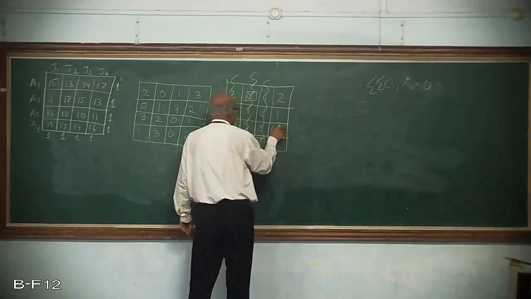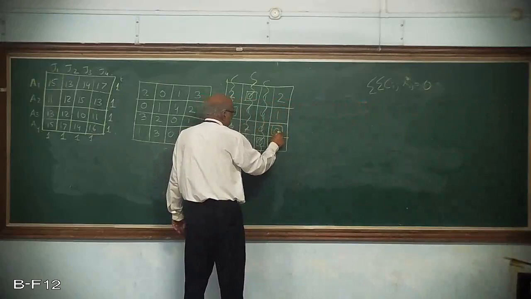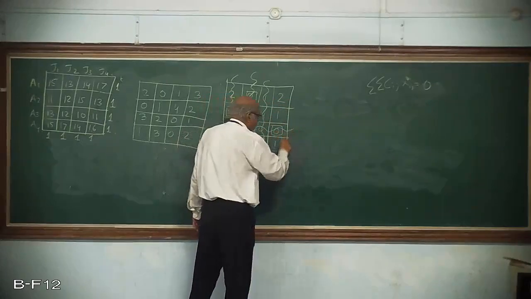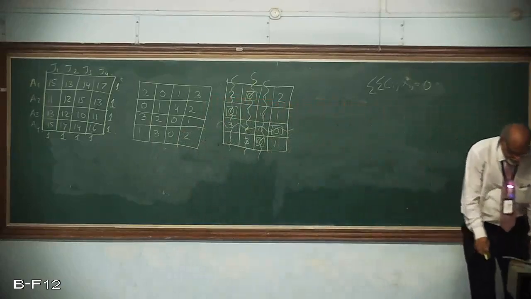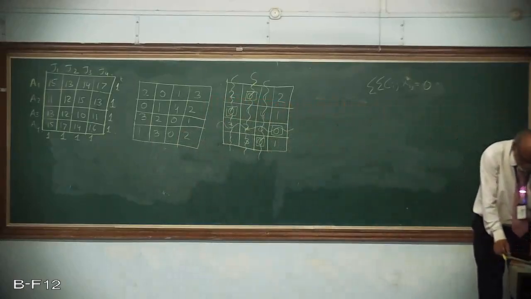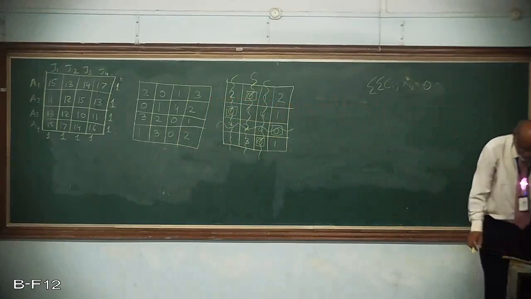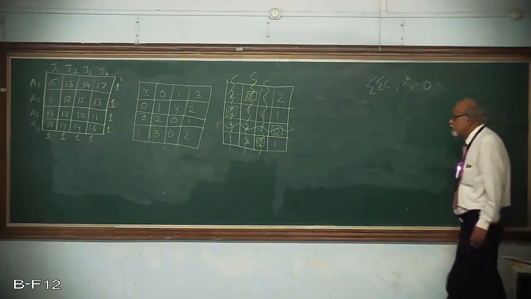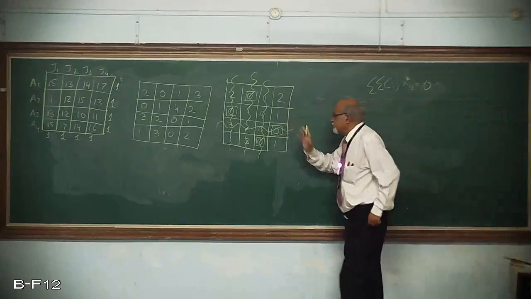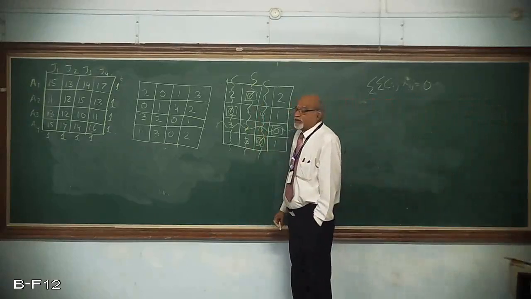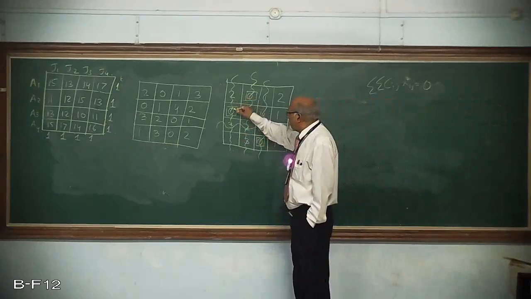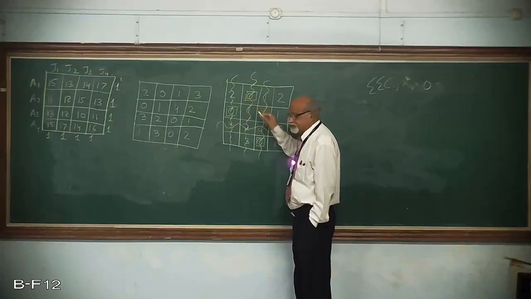Since I am going column wise, I have to draw the horizontal line. Try to understand this particular problem. Now try to observe. Now you can see that each row and column has got only one zero.